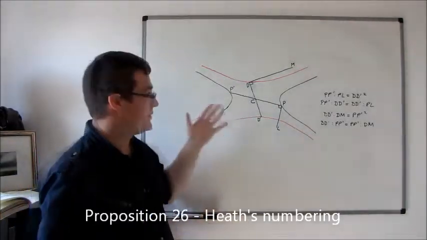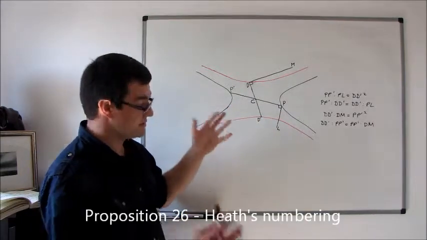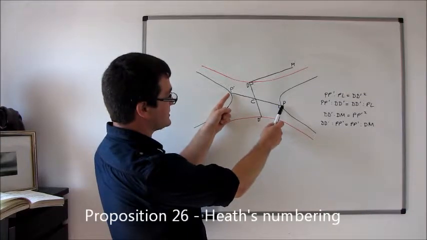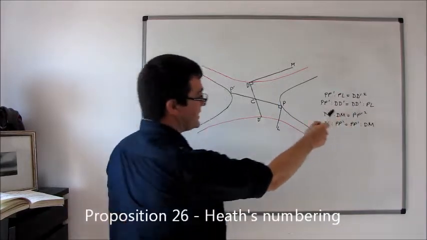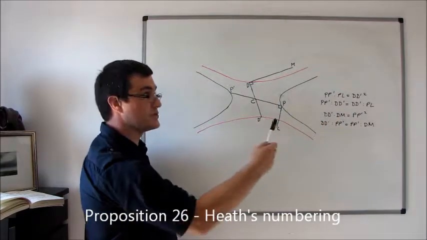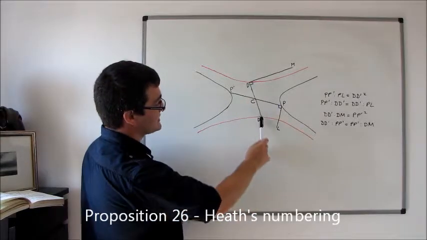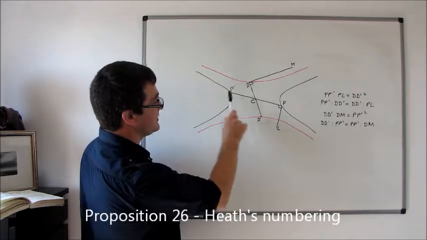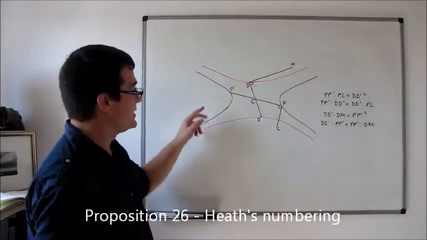Once we've got these two hyperbolae that satisfy these conditions, let's double check. PP' is a transverse diameter here, and DD' is a mean proportional, and therefore DD' is a secondary diameter. DD' is a transverse diameter of this hyperbola here, and PP' is going to be a secondary diameter to that diameter.